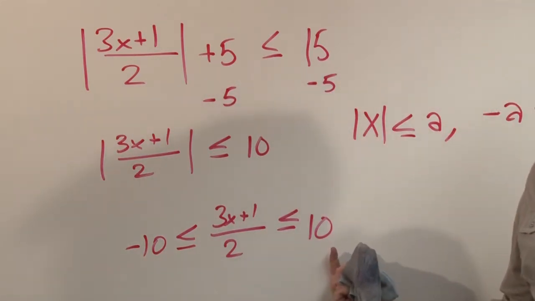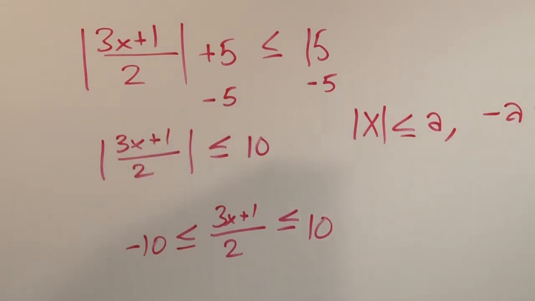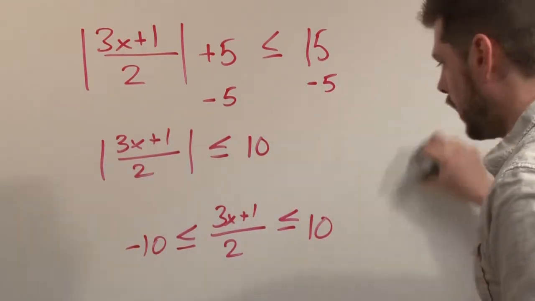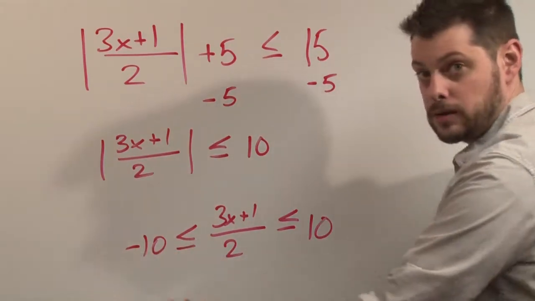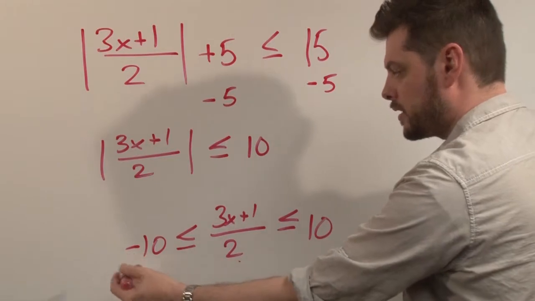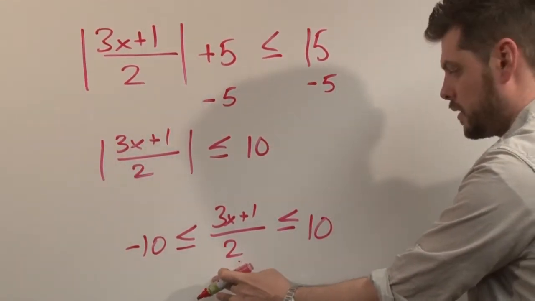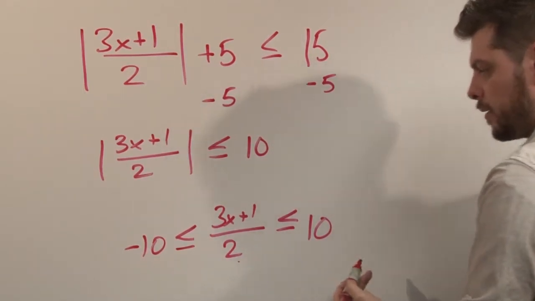Now we just need to solve for x. Solving a compound inequality, just like we did in 9.1, we just have to do everything to all sides. So whatever I do to the middle, I have to do to the ends. Whatever I do to the left-hand side, I have to do to the other two sides. In this case, I want to eliminate the fraction. So I'm going to multiply everything by 2.